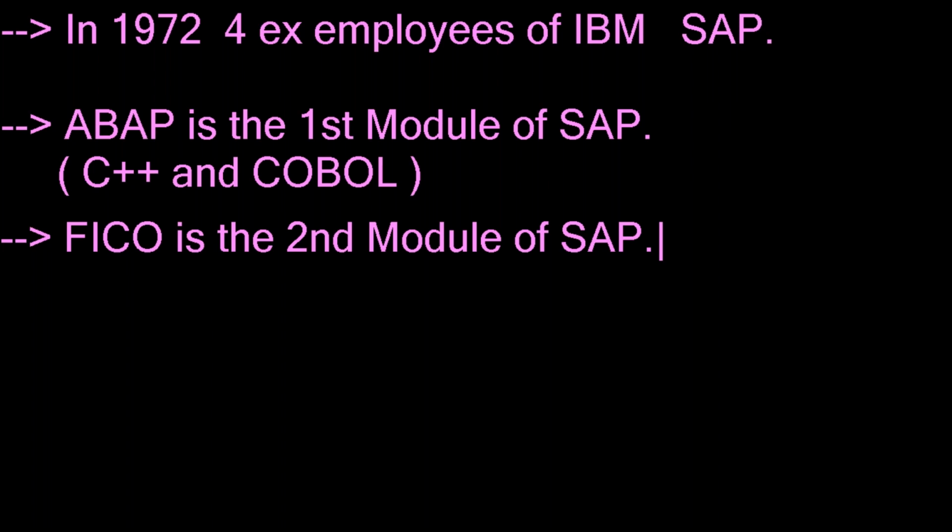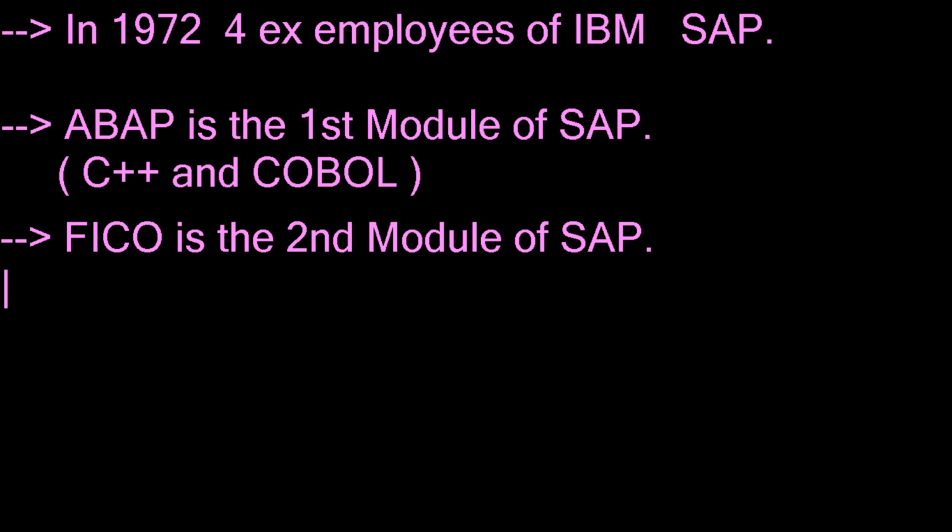So when SAP developed FICO, one organization in Germany approached them to purchase it. The company was very satisfied with FICO, because there was no alternative in the market, and FICO was very useful to the company. So the organization that purchased FICO asked for other departments also.